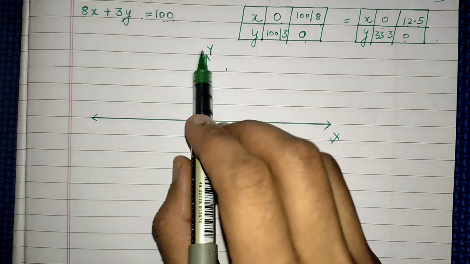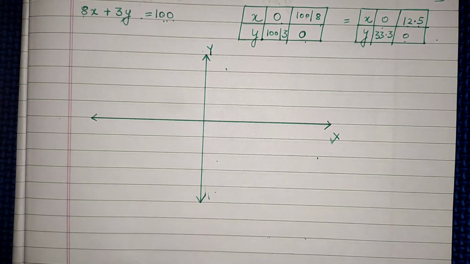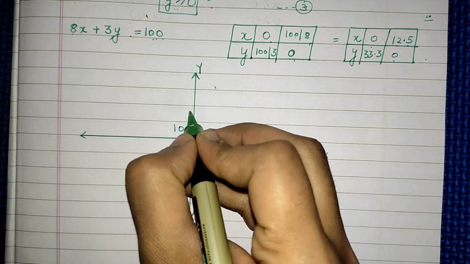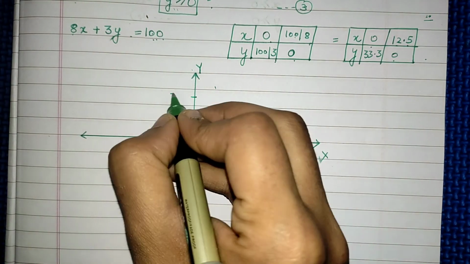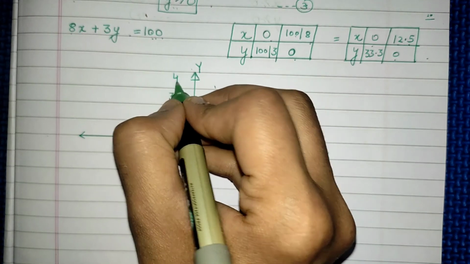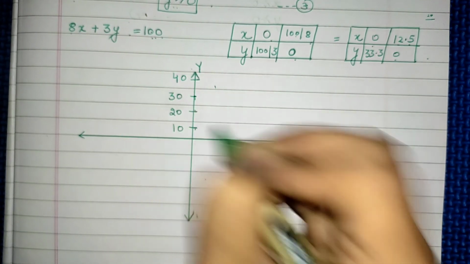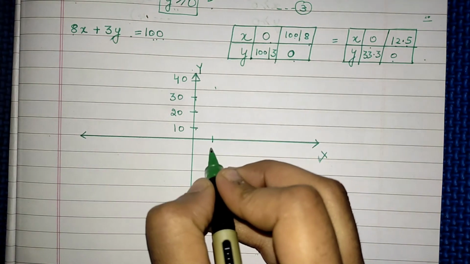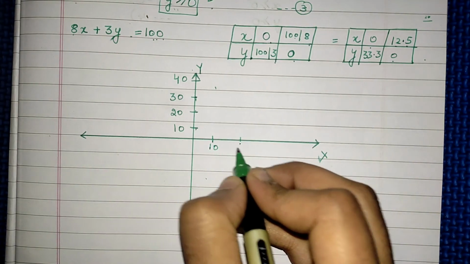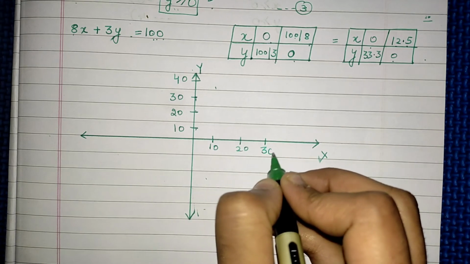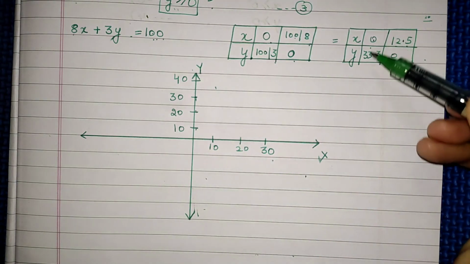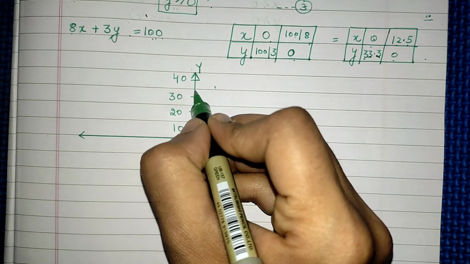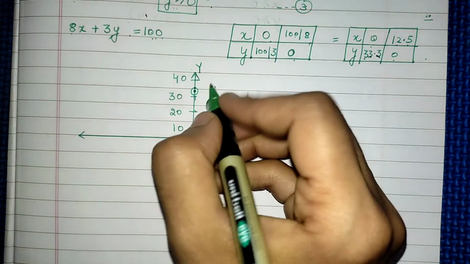This is my x-axis and this is my y-axis. Okay, as I have told you, if the points are bigger, then you can take the points like this also, 30 and 40, and always take these intervals equal. Here it will be 10, 20 and 30. So the very first point is 0, 33.3. So 33.3 will lie approximately here.